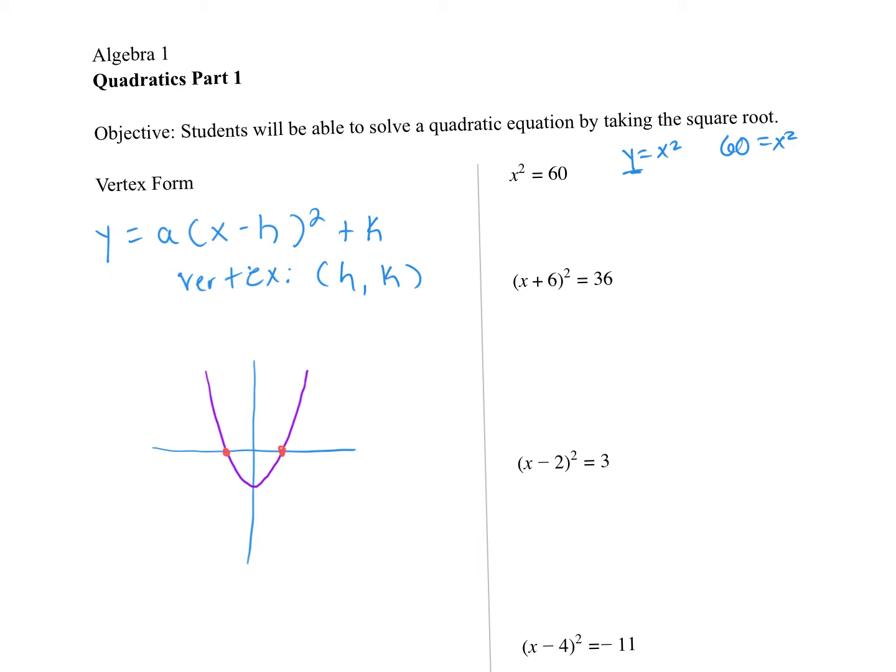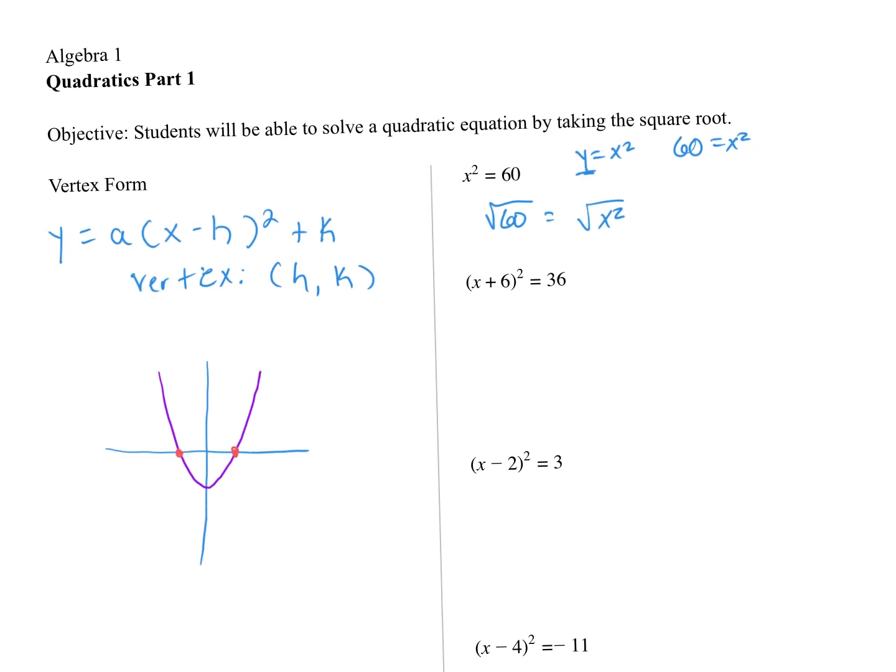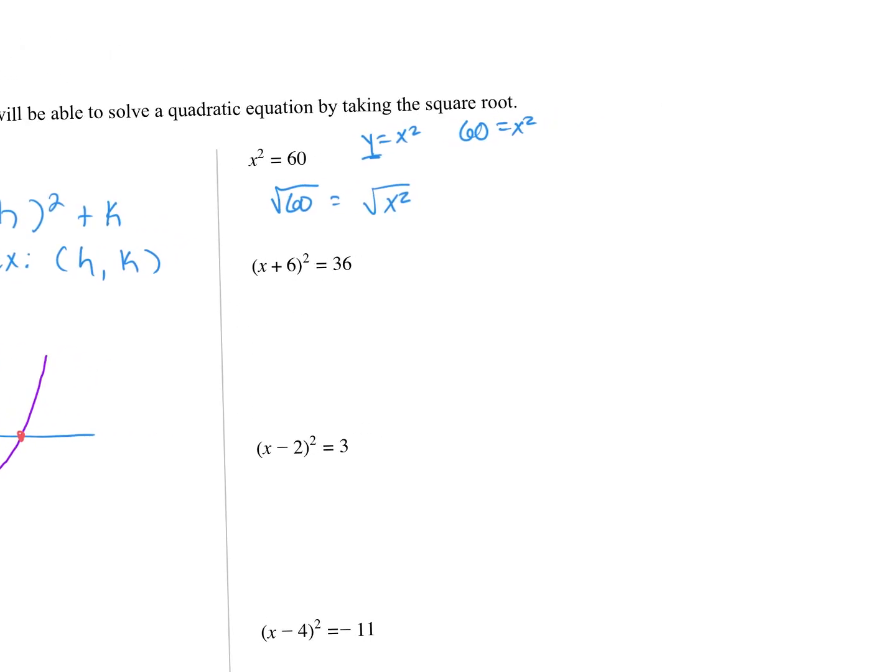So here, if we take the square root of 60 and the square root of x squared, think about it like this: if you took a different square number, let's say 3 times 3, that equals positive 9.